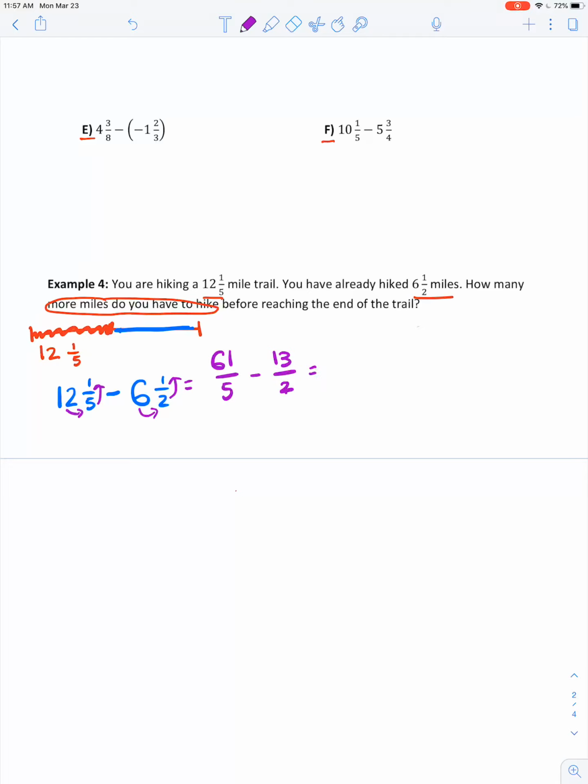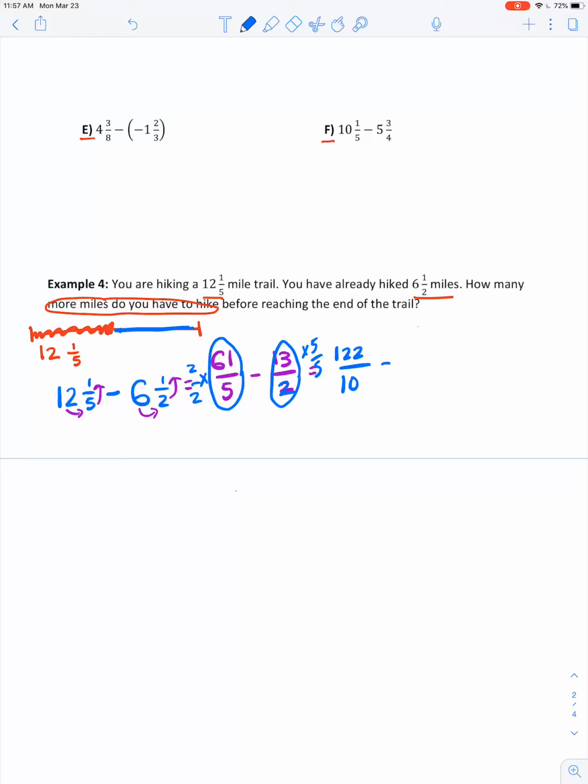Okay, I do know that 5 and 2 are not the same number. They have different denominators. So we now need to take this fraction and multiply it by, I'll do 2. So 2 over 2. 61 times 2 is 122, and 5 times 2 is 10. Okay, if I were to do the same method with this, I'm going to multiply it by 5 over 5.